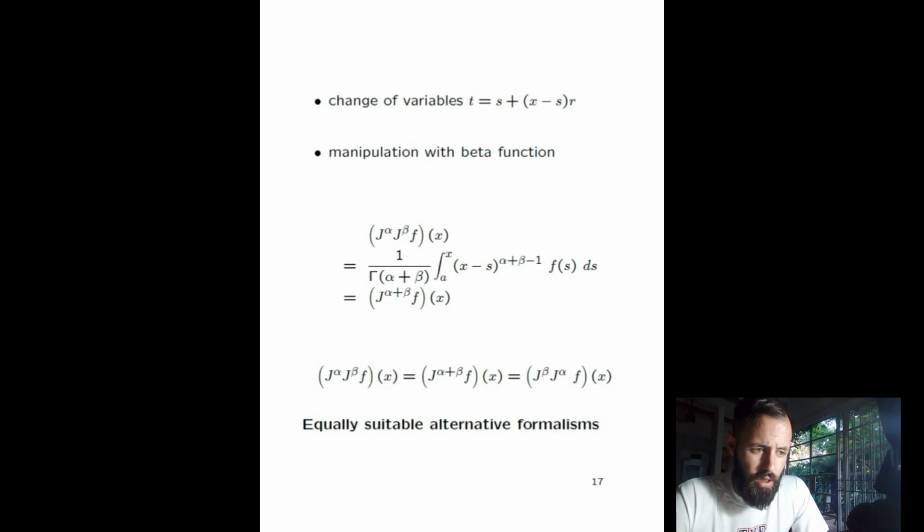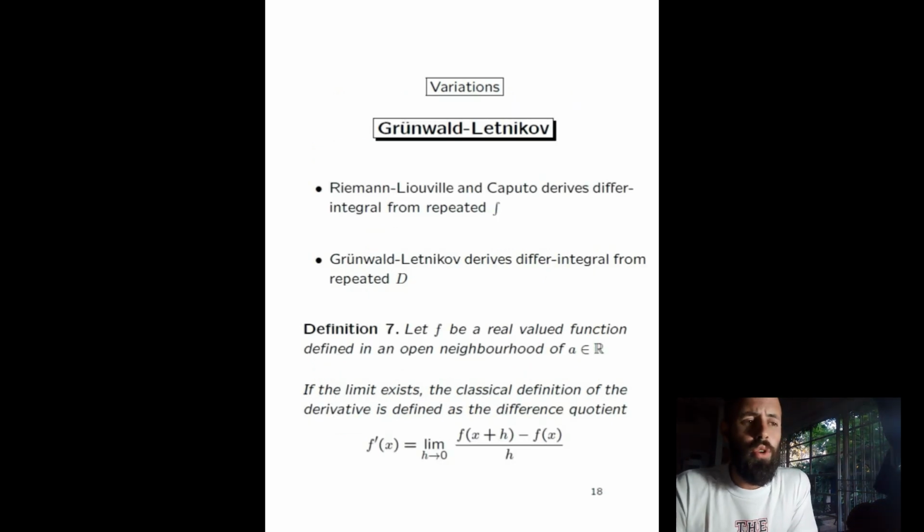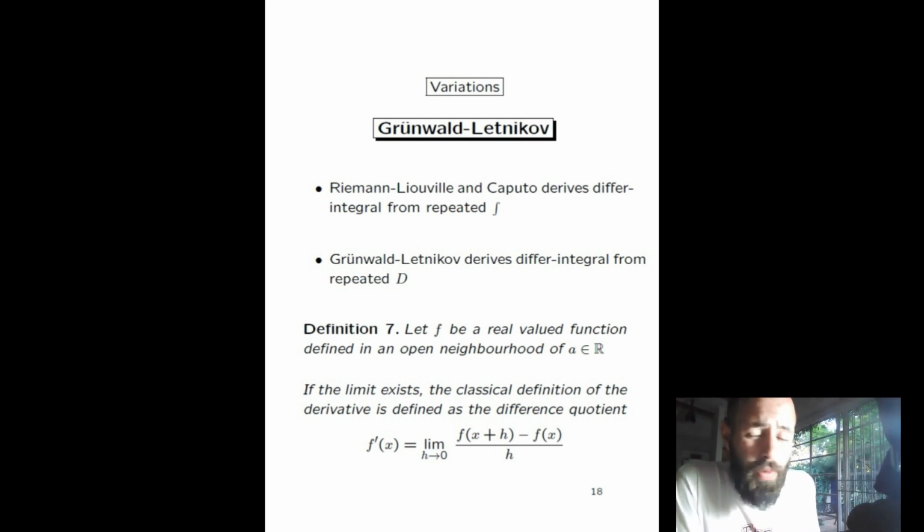that we may exponentiate these orders. So we mentioned that there are other formalisms, for example, the Grunwald-Letnikov formalism, which develops the fractional calculus from the approach of defining the fractional order derivative, and from it the fractional order integral follows.